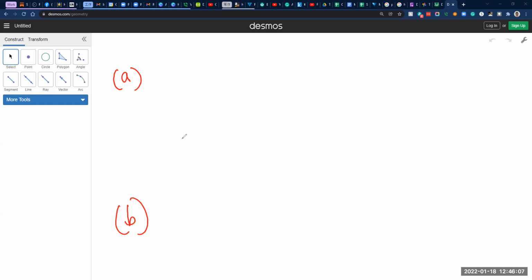So if you have line segment AB, then we have a perpendicular bisector, which means we cut it in half at a right angle. Any point on this line, we just pick any point, it doesn't matter where you are.